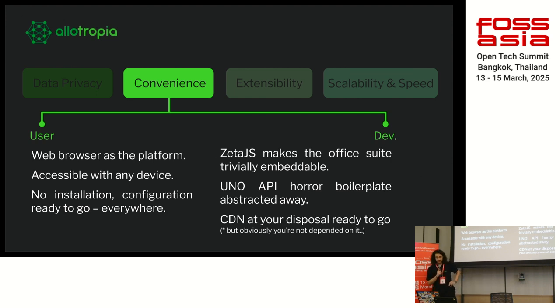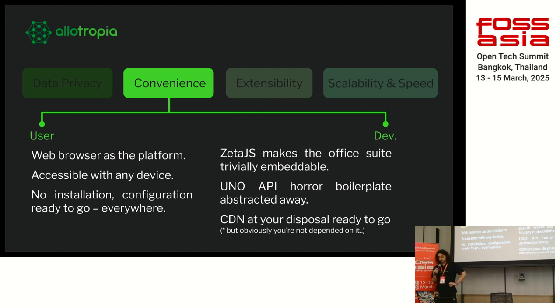From a user perspective, I hate to admit this, but yeah, okay, using the web as a platform is easier for everyone. In the end, they don't need to install or configure anything, and they can just go to some URL and use it. It is accessible with any device. You can put it on a Google, like it can be on a Google that shows a screen. A browser is everywhere basically at this point.